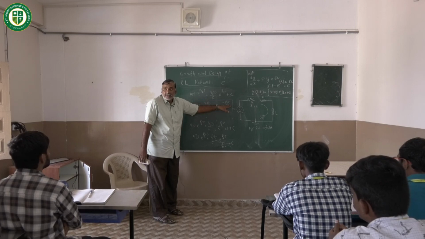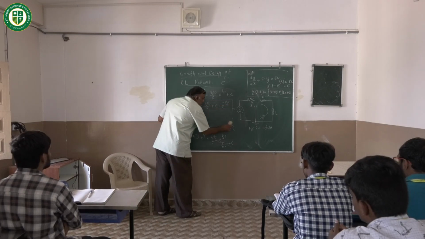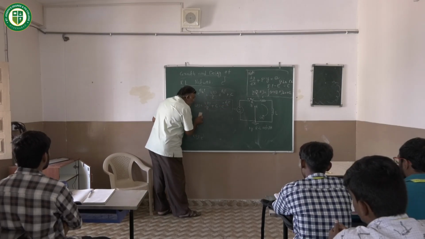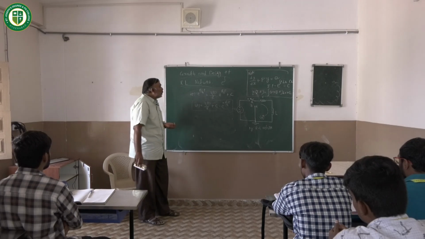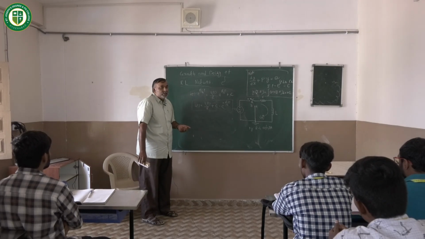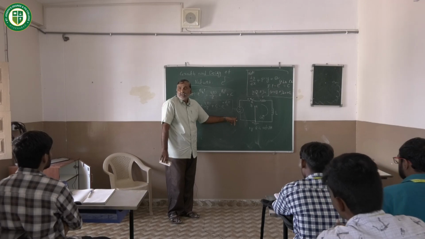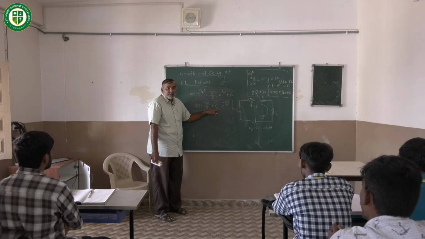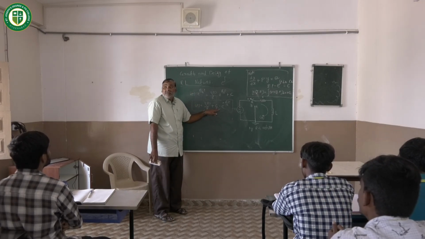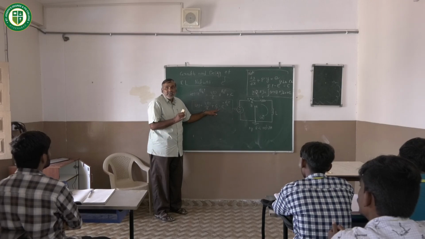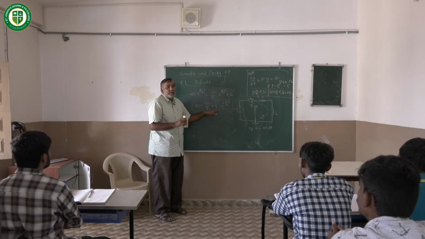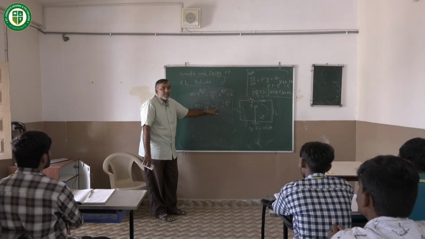Are you clear with me? So, this is the equation which defines the growth of current in an RL network with the application of applied input voltage Vi of t. Where C is a constant of integration, which can be obtained by substituting the boundary condition.